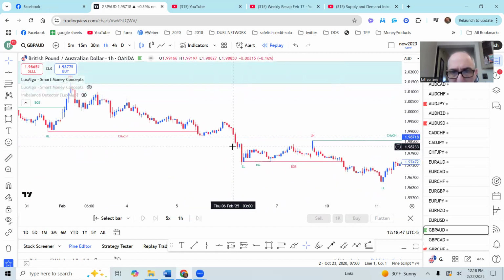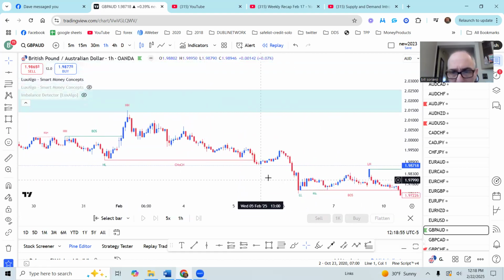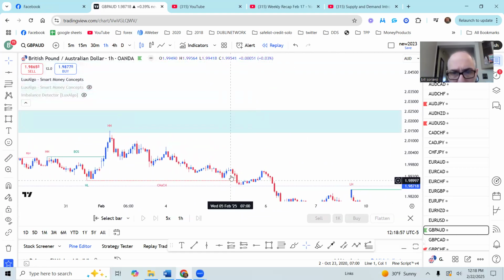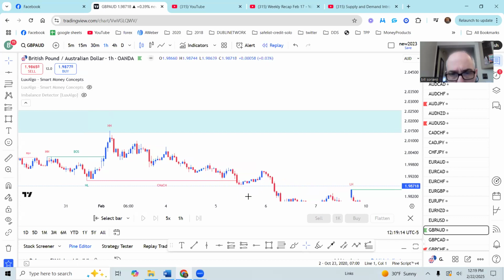So we have this area right here, which price comes back, hits. That's a lower area. I'm sorry, that's not one. So when you get this change of character here, you do have some imbalance right here. If you turn the indicator on, you can see there was some imbalance there. Okay, so shut that off.